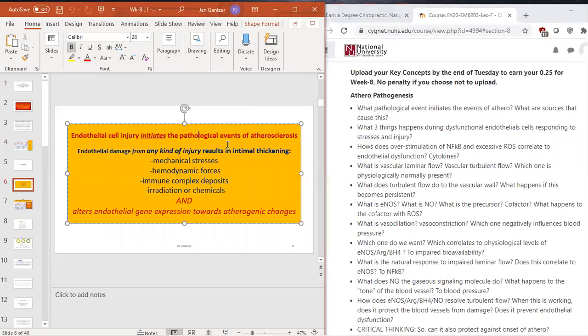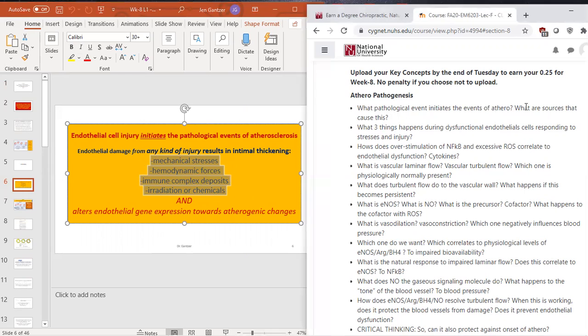If we're worried about where endothelial injury comes from, then we want to understand what we can do to positively make sure that these things don't happen. And we also want to make sure that we are removing these things from the system so that we can either prevent endothelial injury and or reverse it. So what are the sources of endothelial injury?